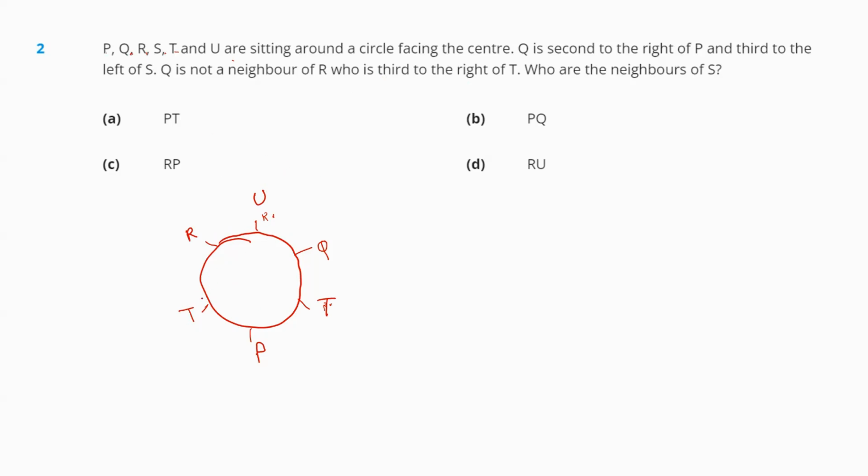And third to the left of S. It is S, not T. So we have to find who are neighbors of S. It is R and P. So answer C is the correct answer. Moving on to the next question.